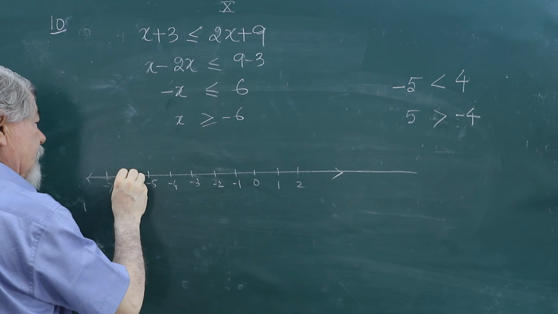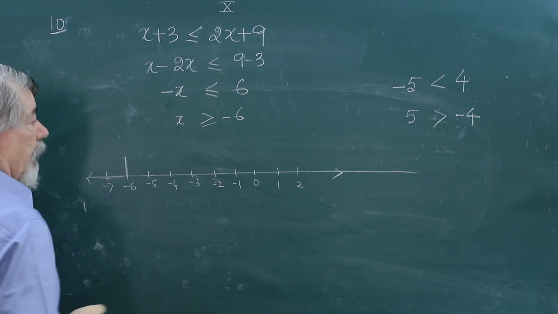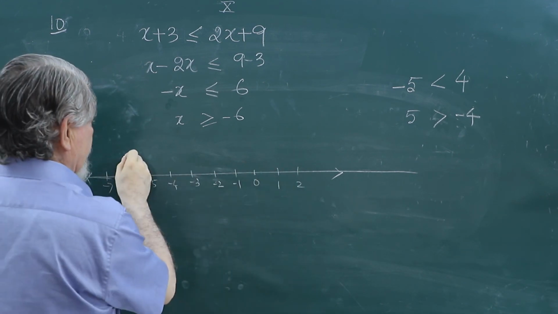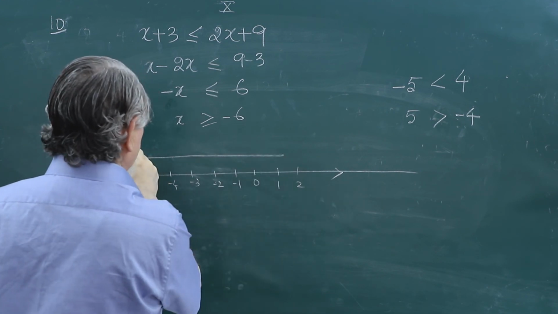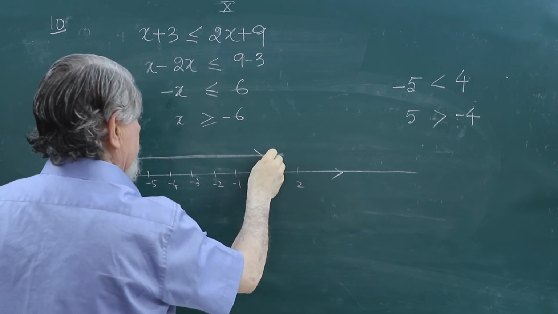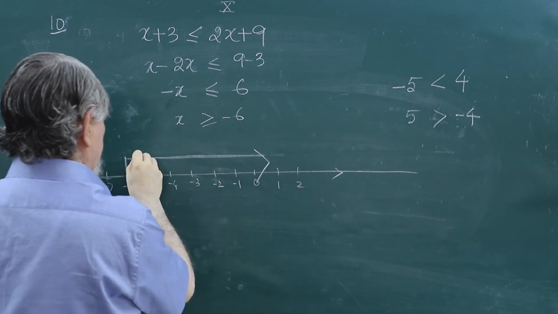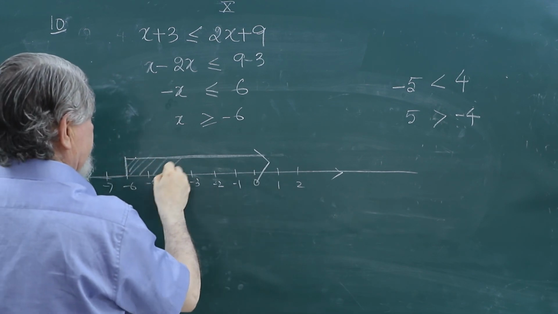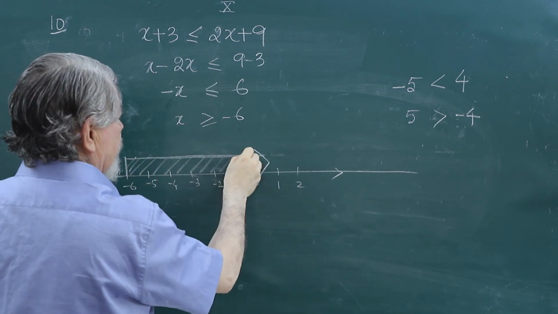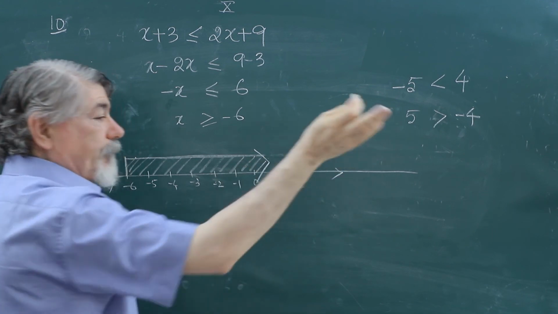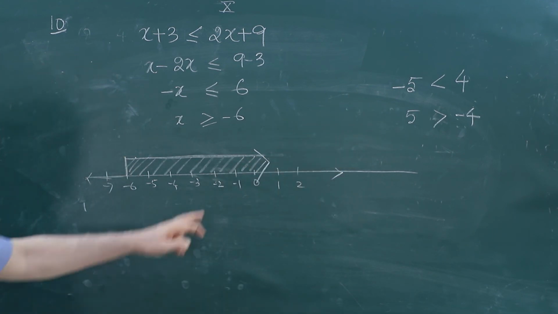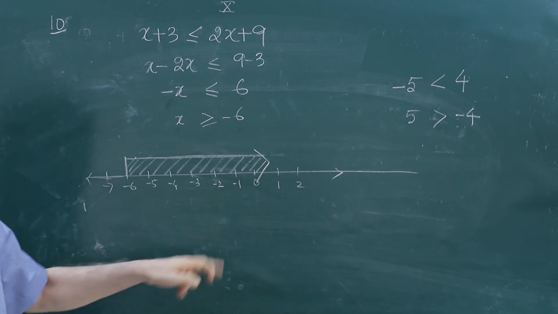It is equal to minus 6, so this will be included. And greater means I will be going to the right side. This arrow at the end of this thick line indicates it is going to infinity. It is an infinite set, that is why the arrow is there.